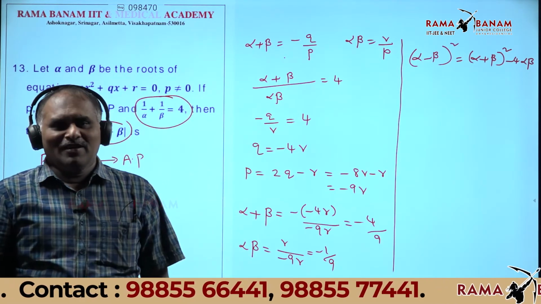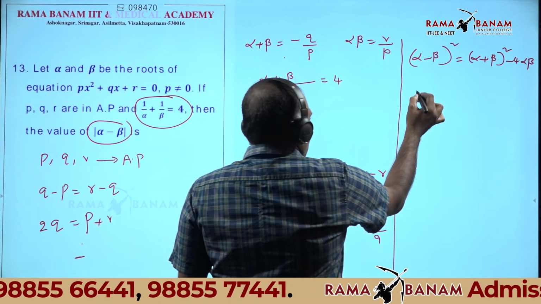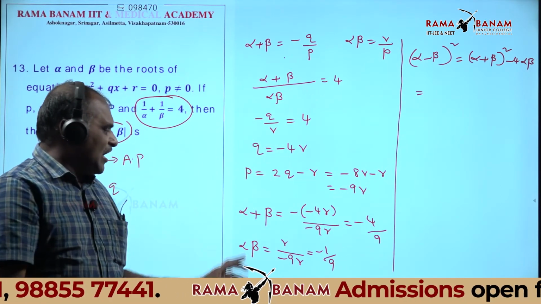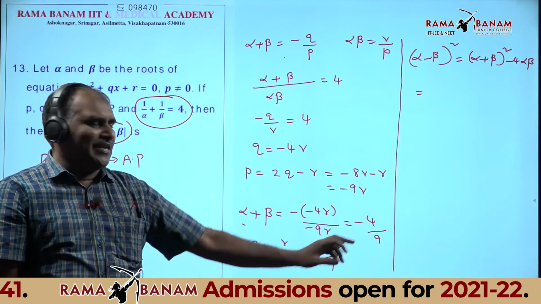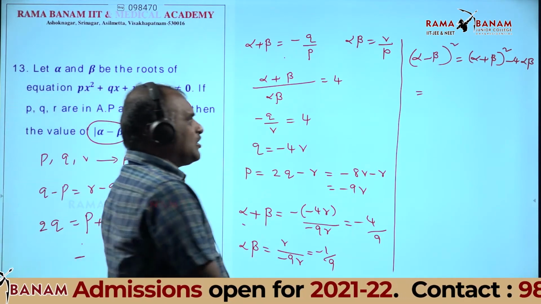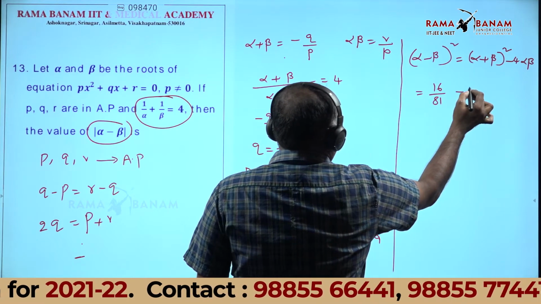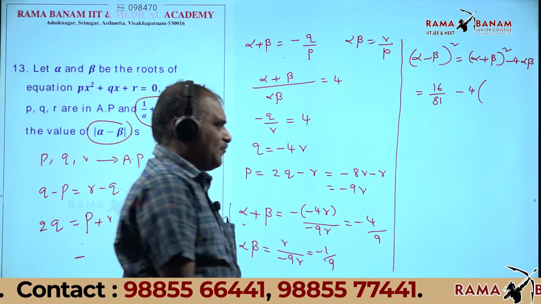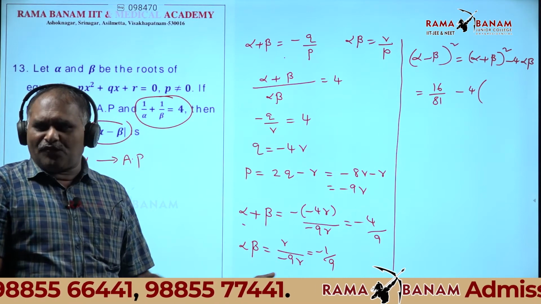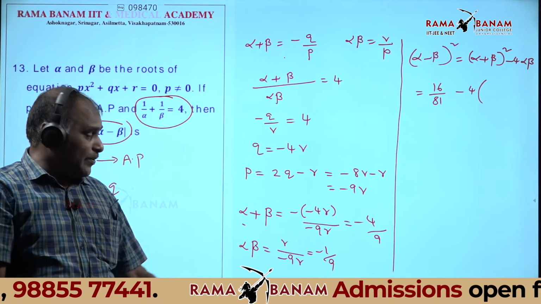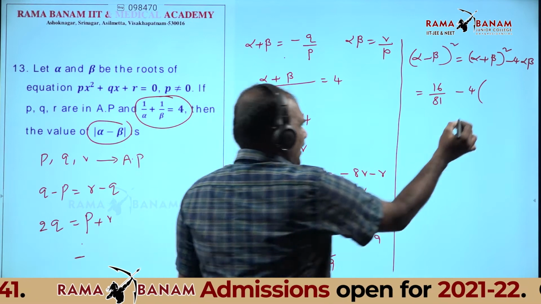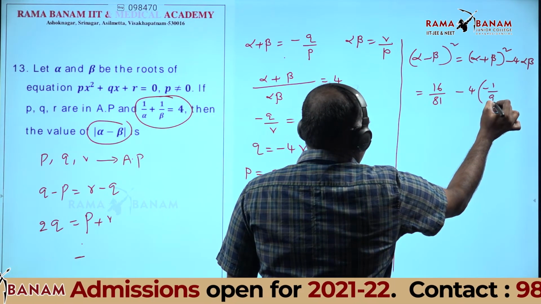Therefore, alpha plus beta is minus 4 by 9 whole square, 16 by 81, minus 4 times alpha into beta, which is minus 1 by 9.